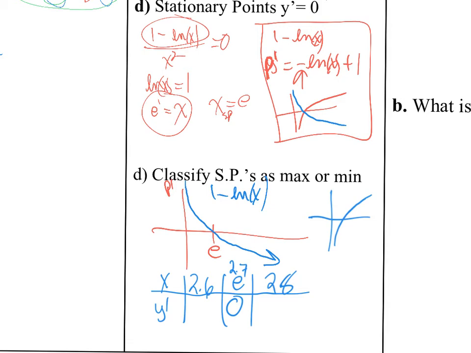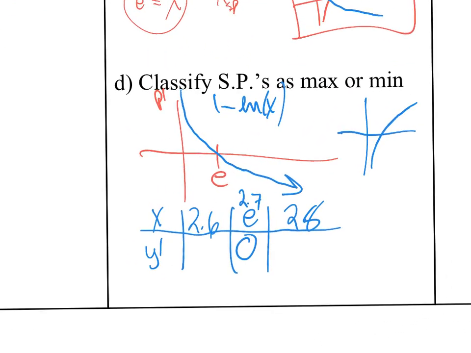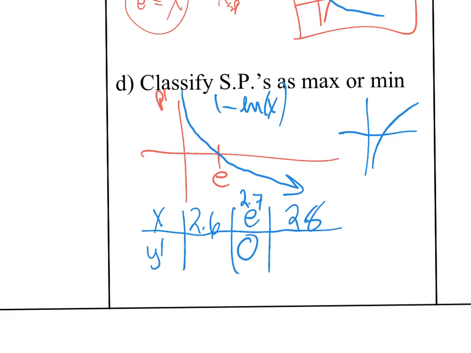So 2.6 was positive. Whoops, did I do that backwards? 2.8, sorry, that's negative, and 2.6 is positive.